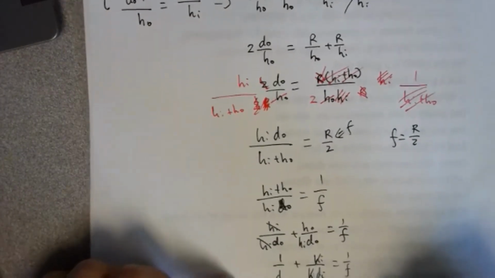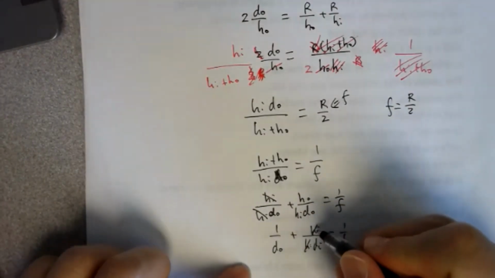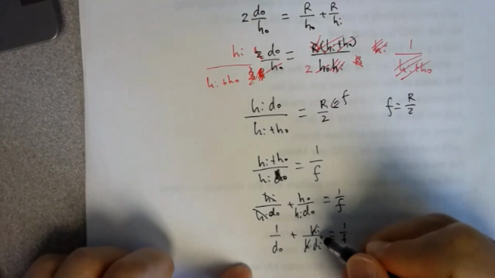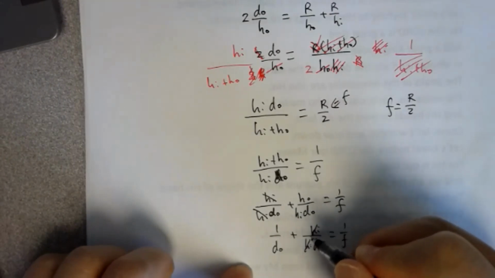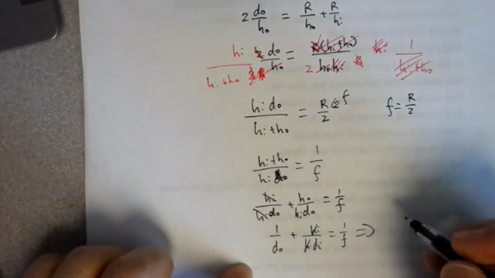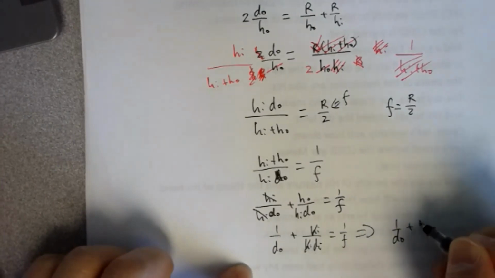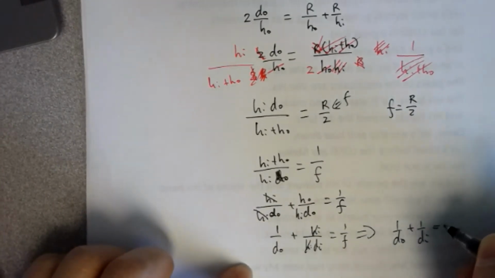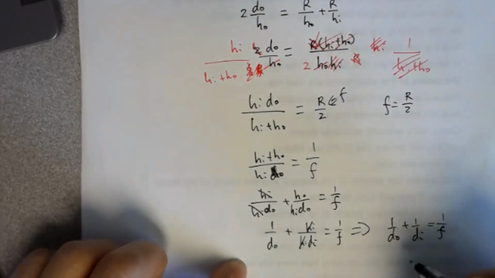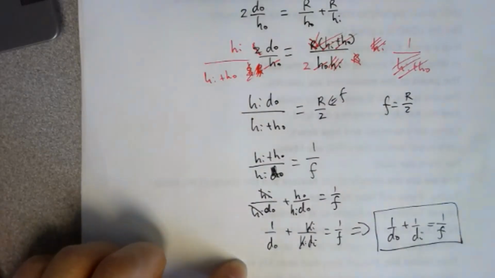Or actually here, sorry. So HI over DI is HO over DO, okay? So HO and HI will cancel. So 1 over DI plus 1 over DO equals 1 over F, okay? So this is the mirror equation, okay?